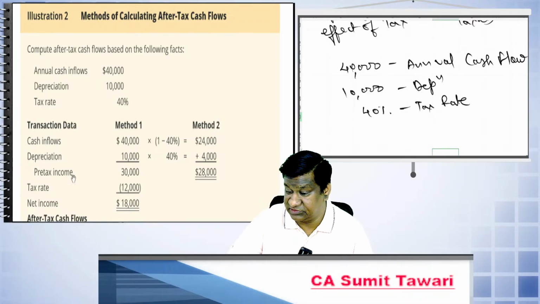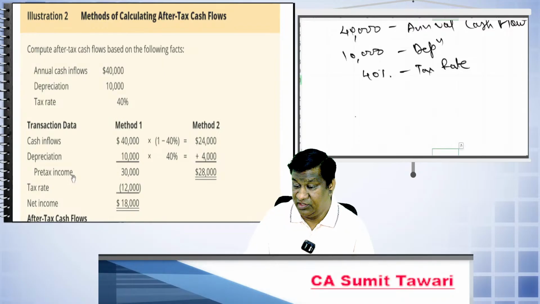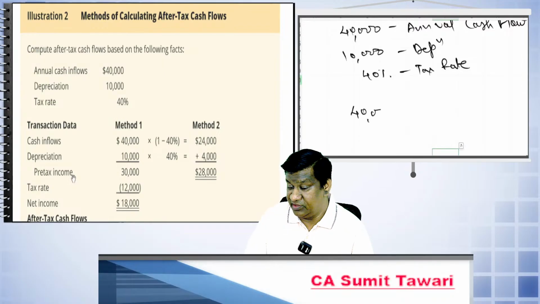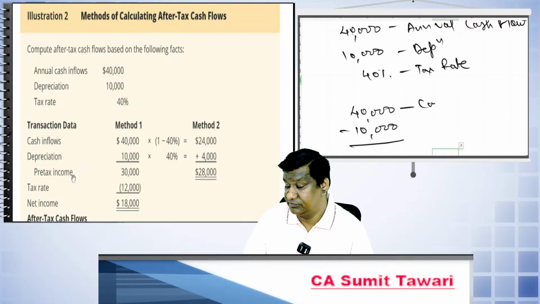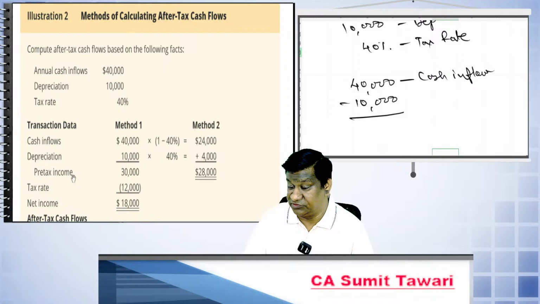If this is the situation, how are we going to calculate? 40,000 is my cash inflow minus 10,000 depreciation, so my taxable income is 30,000.